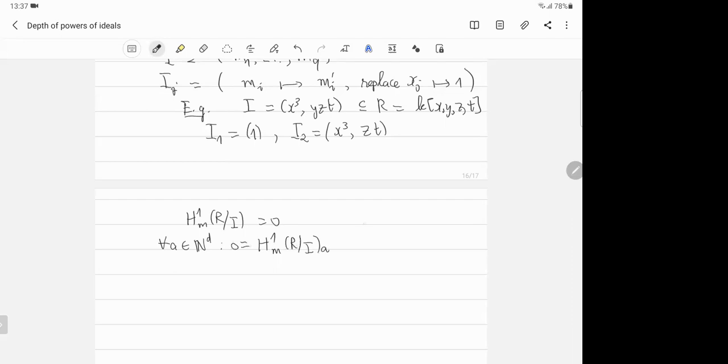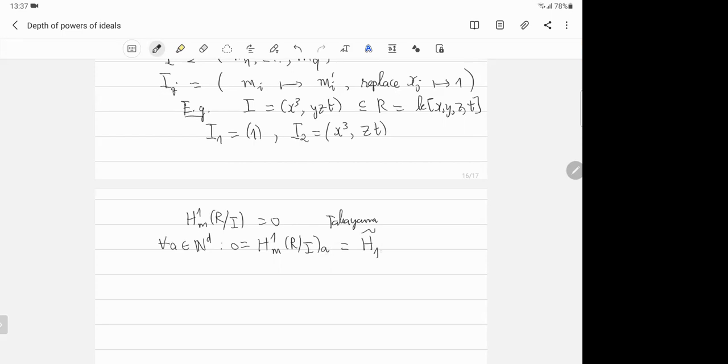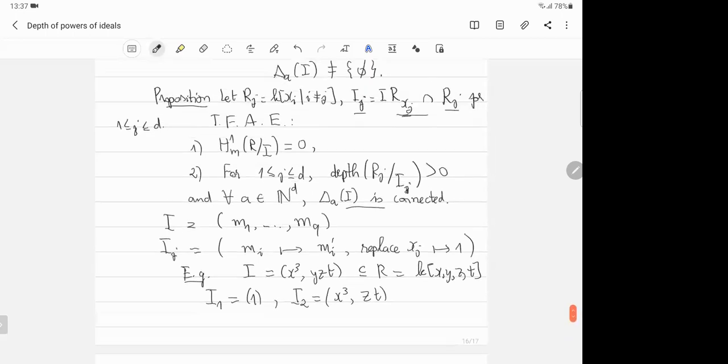By Takayama, a has no negative support, so this is 1 minus 0 minus 1, because G_a is the empty set, so that is H tilde_0 of delta_a(I) with coefficients in K. This is 0, meaning that delta_a is connected. So that's why you have this condition here.